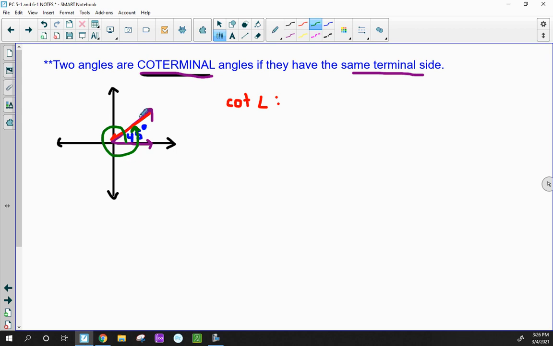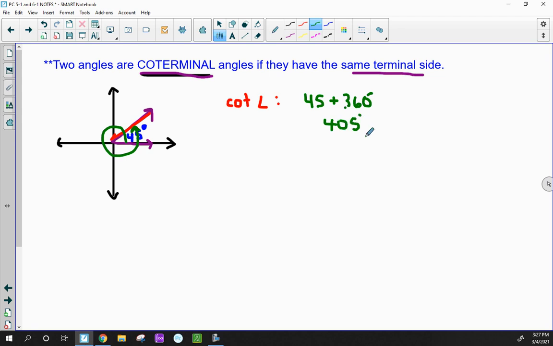That's what coterminal means. But you can actually remember that the rotation is 360, so all you need to do is add 360 to 45. If you do that, then you'll get another coterminal answer. So 45 plus 360 gives me 405 degrees. That's a good answer for that one.